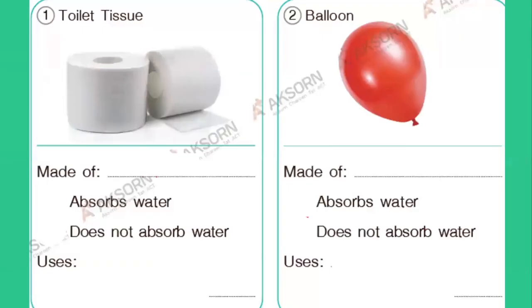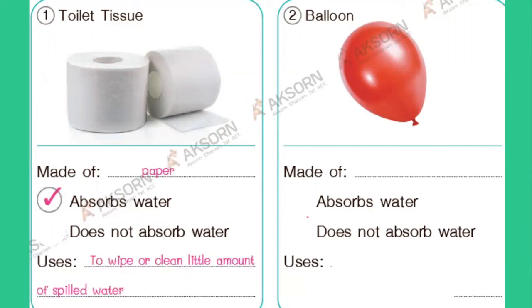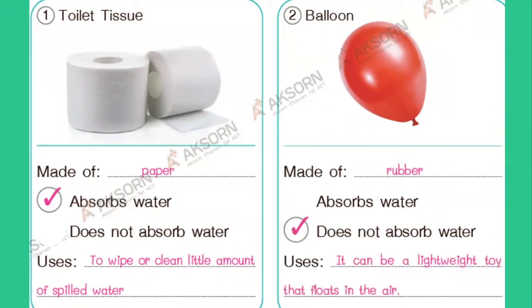We answered some questions about tissue and balloon. Tissue is made of paper and absorbs water, and we use it to wipe or clean a little amount of spilled water. Balloon is made of rubber, does not absorb water, and can be a lightweight toy that floats in the air.